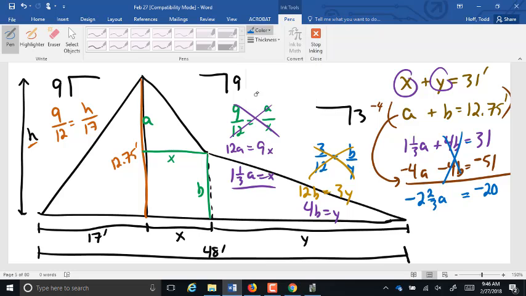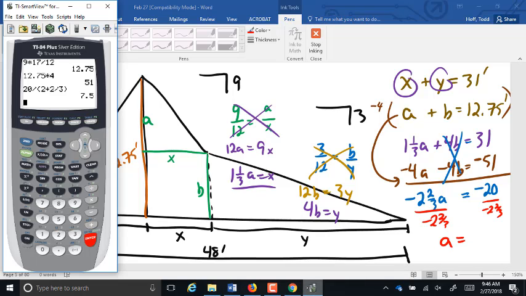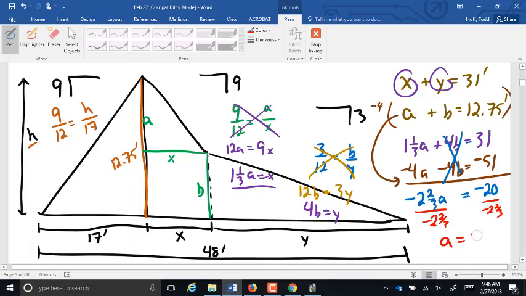So A is what? 7.5. A equals 7.5. So that means B has to be 5.25, which is 12.75 minus 7.5.